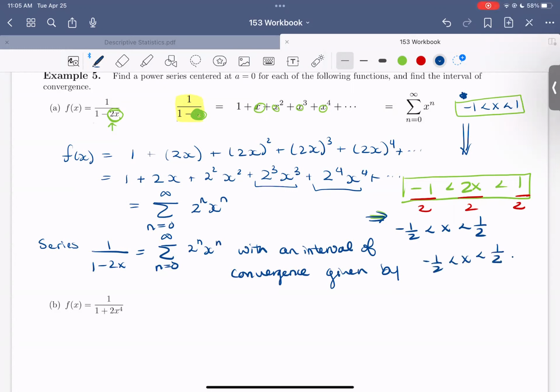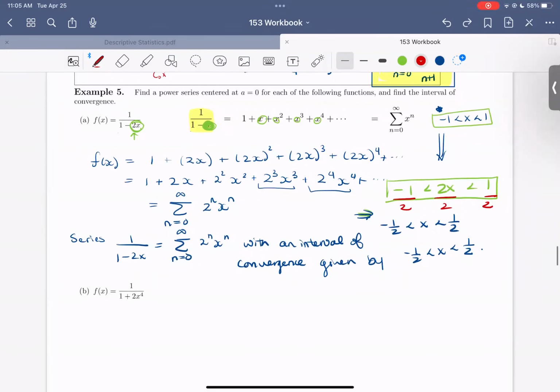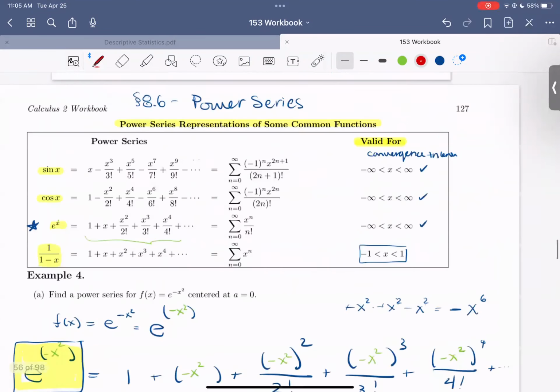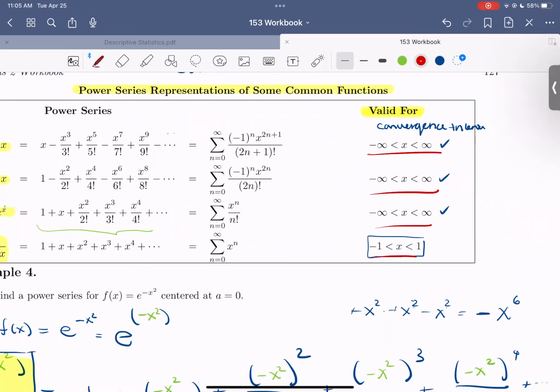And notice that you might think, oh, well, maybe we should check convergence, or maybe we need to consider endpoints. Well, because we are starting with the interval of convergence given here, we know that those endpoints are not included. It would have told us if they were included. So these formulas here for the power series tell us that interval of convergence, or where it's valid.